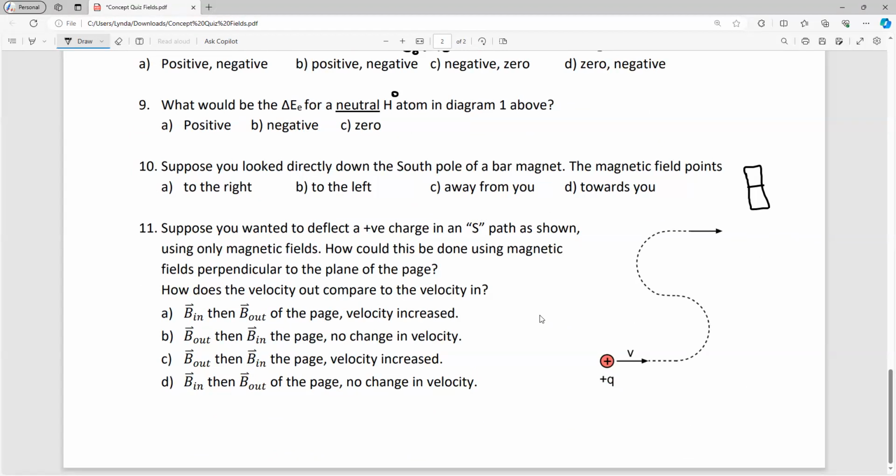Okay, you look directly down on the south pole, so it looks like you're looking here, and here is north. So the magnetic field points... Okay, magnetic field lines go out of north towards south. So they're trying to say away from you.